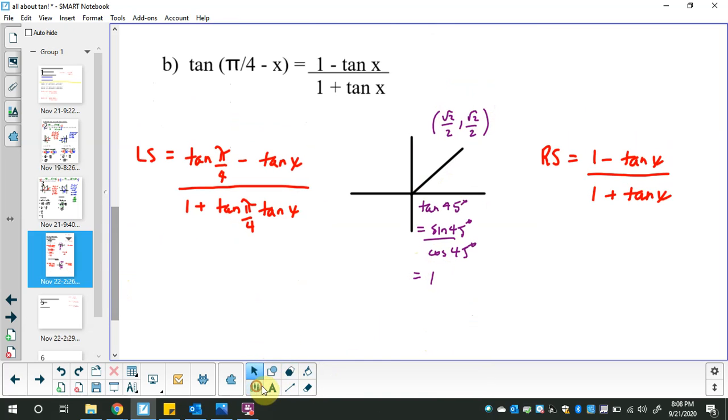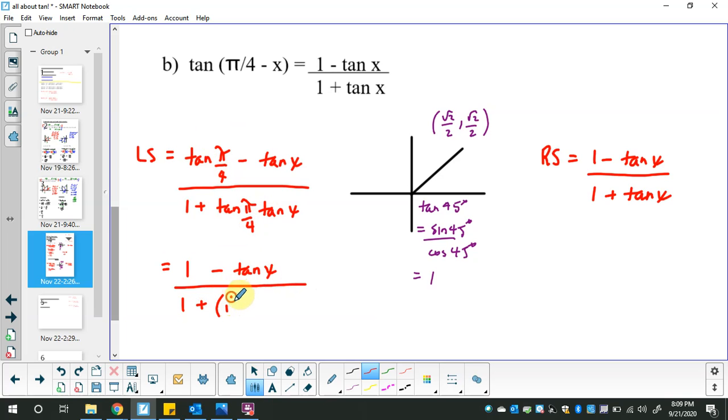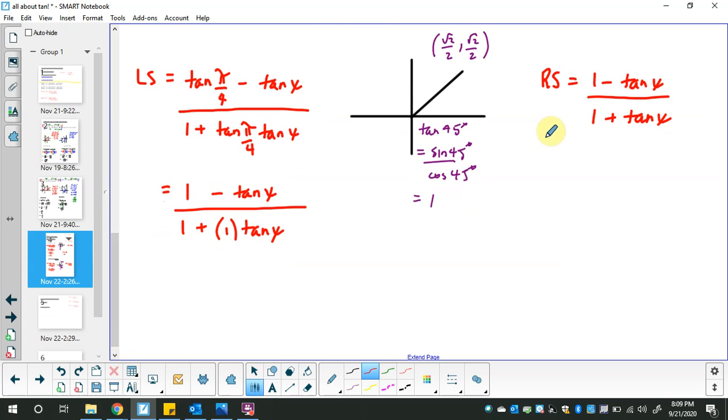So I can turn this whole thing into 1 minus tan x over 1 plus, I can take this whole thing and turn it into a 1 tan x. Gaze lovingly at your right hand side.